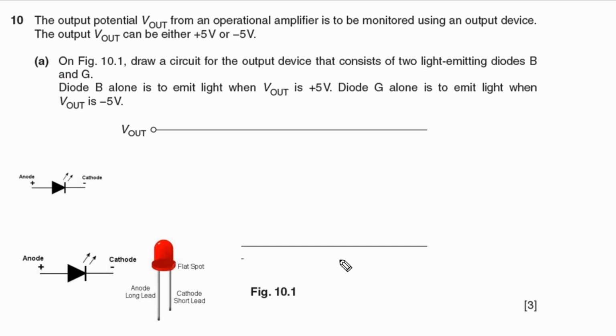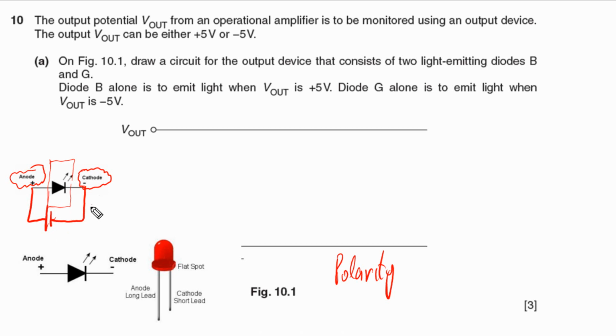In order to answer this question, we simply need to understand what is meant by the polarity of an LED. If you look at the typical symbol of an LED, you can see one side is marked as positive, the anode side, and the other side is marked as negative, the cathode side. It simply means the positive side has to be connected with the positive terminal and the negative side with the negative terminal of the power supply.